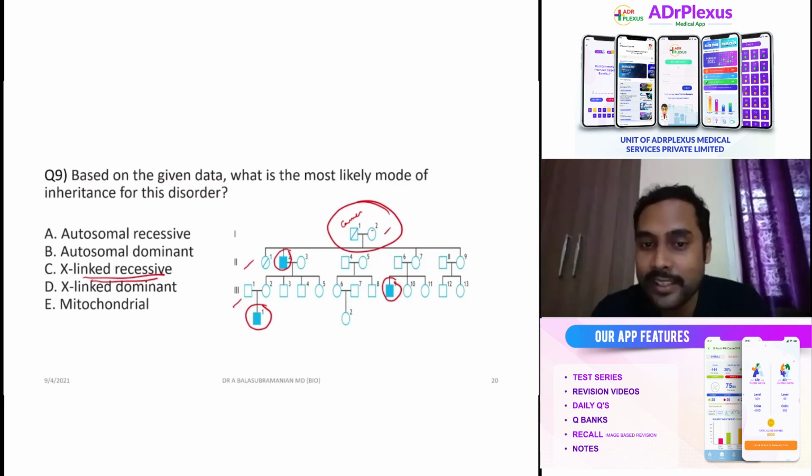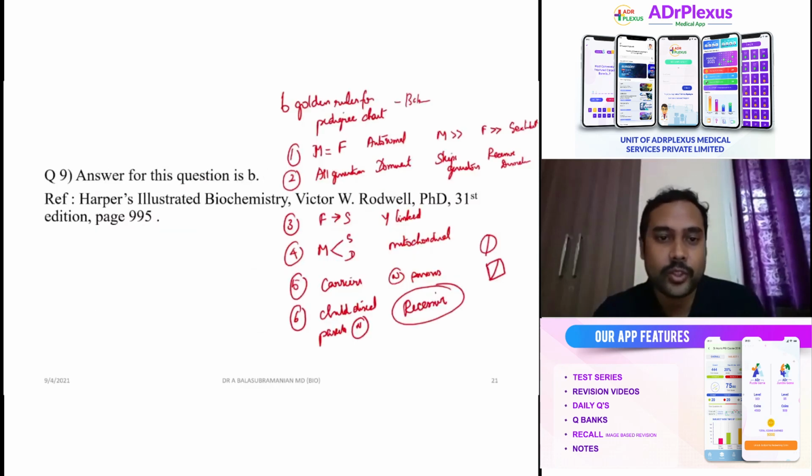It is a sex-linked disorder because it is affecting only the males, not females. It is a sex-linked recessive disorder. The only option is X-linked recessive. So the answer here is option C, X-linked recessive disorder. Mothers are not at all affected, so it is not mitochondrial. Okay. So you all understood this.